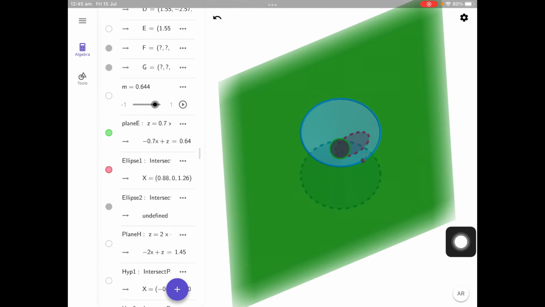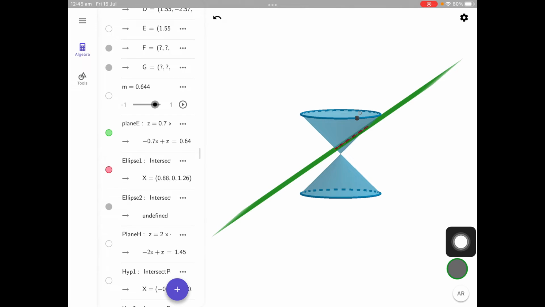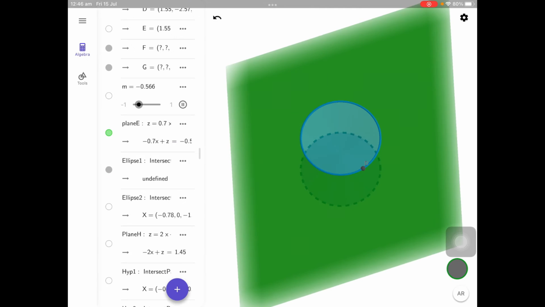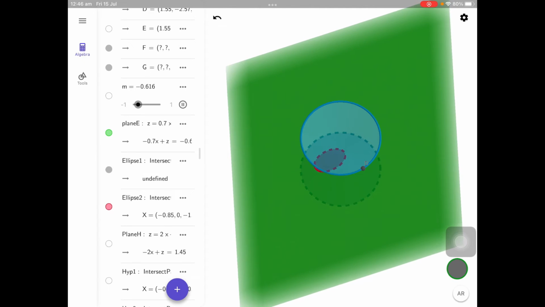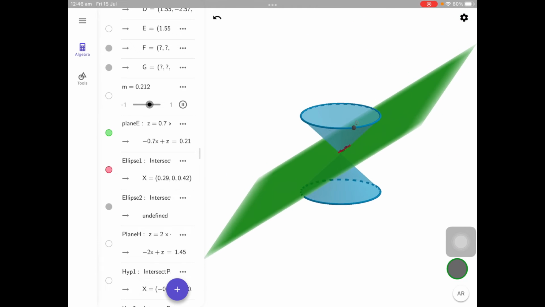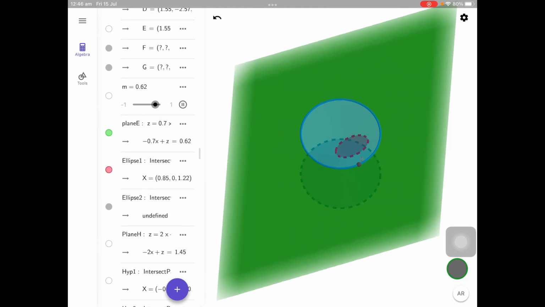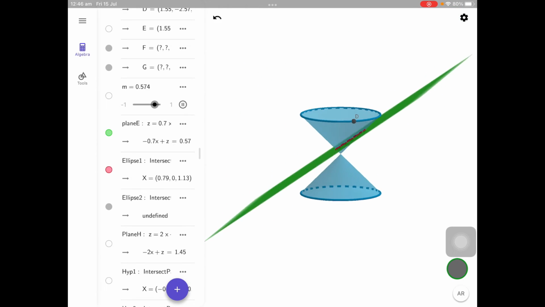So this is the section between the plane and the cone, and that is an ellipse. Okay, so let's move the position of the plane with the cone. So observe that the size of the ellipse changes. Here the size is increasing because the plane is moving away from the vertex.